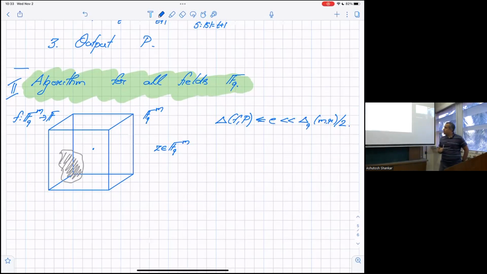Now, what I want to do is look at a random subspace that passes through this point.